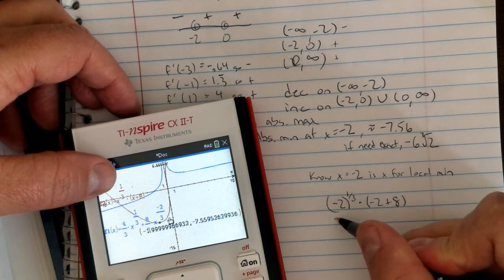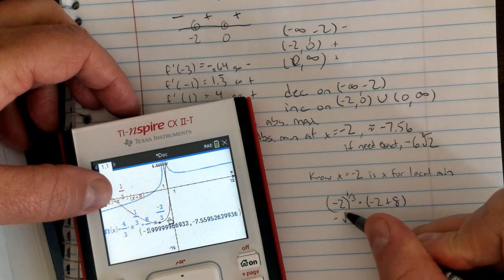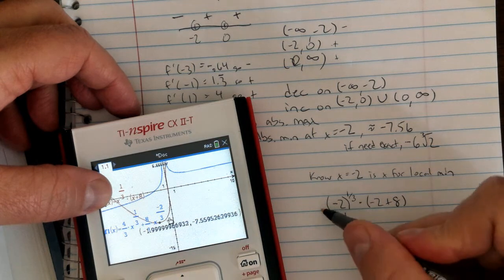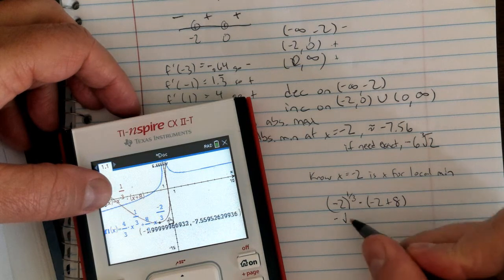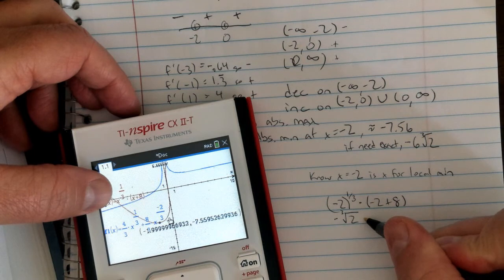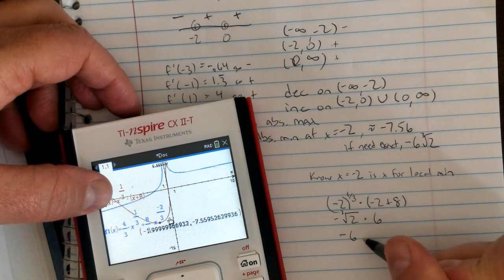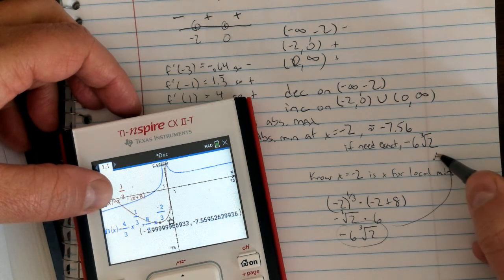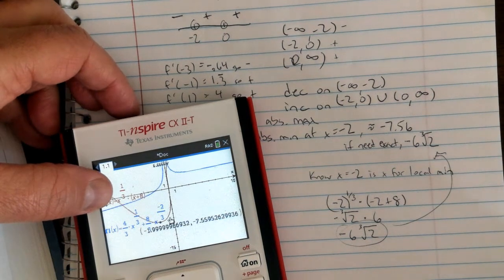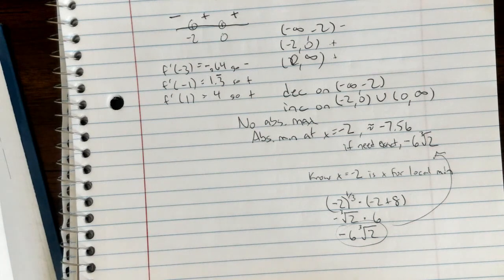So this would be negative cube root of 2. Oh, I put my parentheses in the wrong. Well, no, that's right. Sorry. We need negative cube root of 2 times +6. And so that's where you put your negative in front. Like so. Okay, so that's how you do 37.